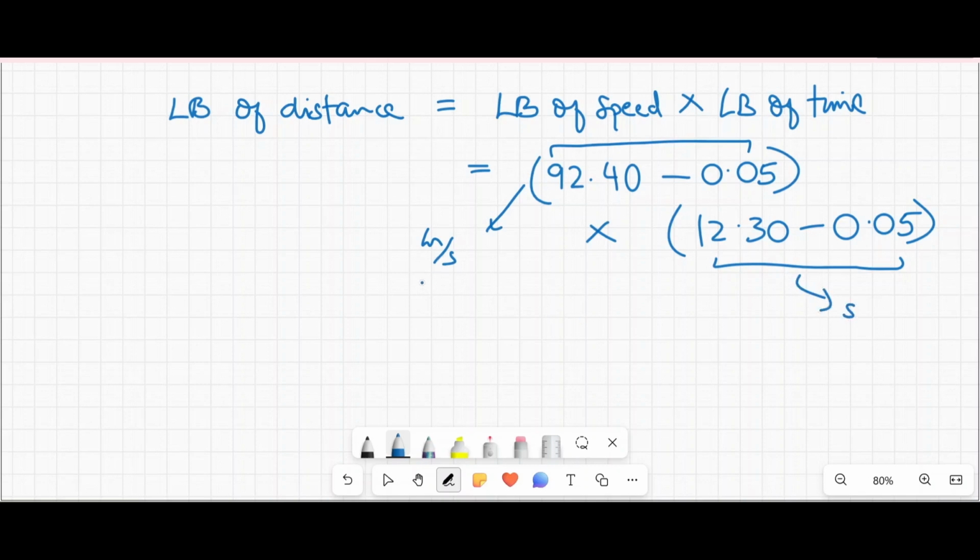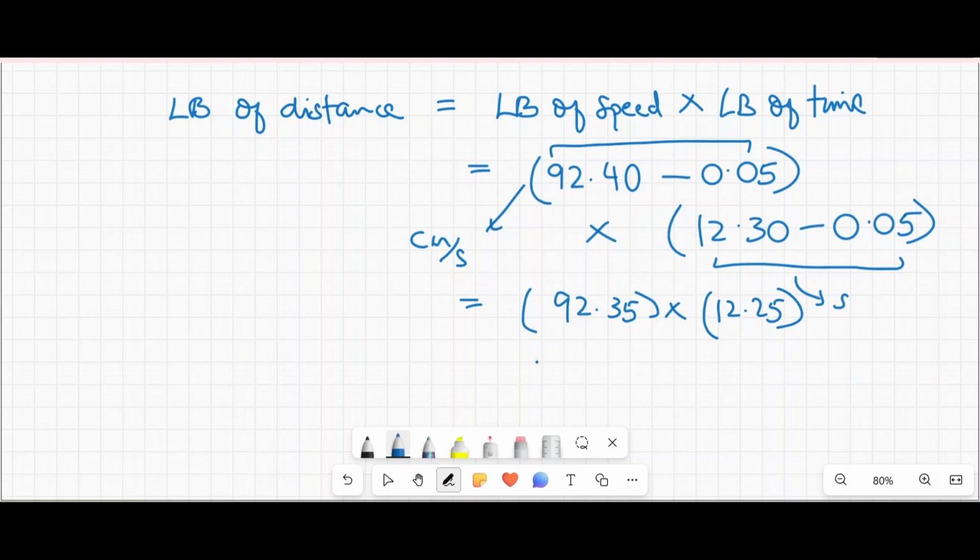So sorry. Now here is given centimeter per second. So here is given the seconds. So the lower bound for this speed will become 92.35 into 12.25.